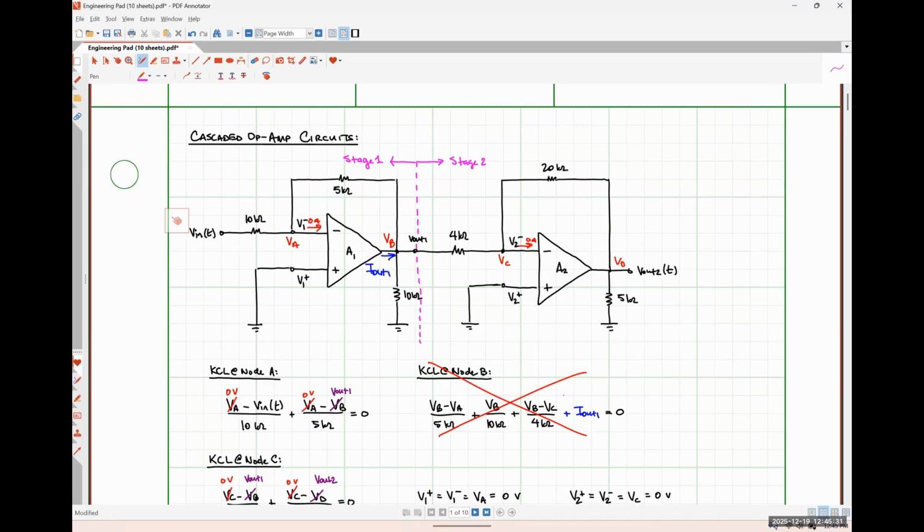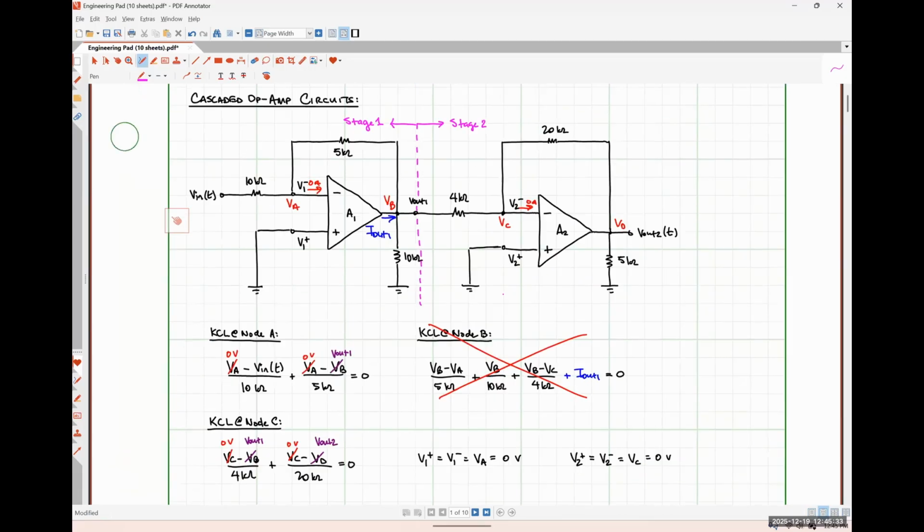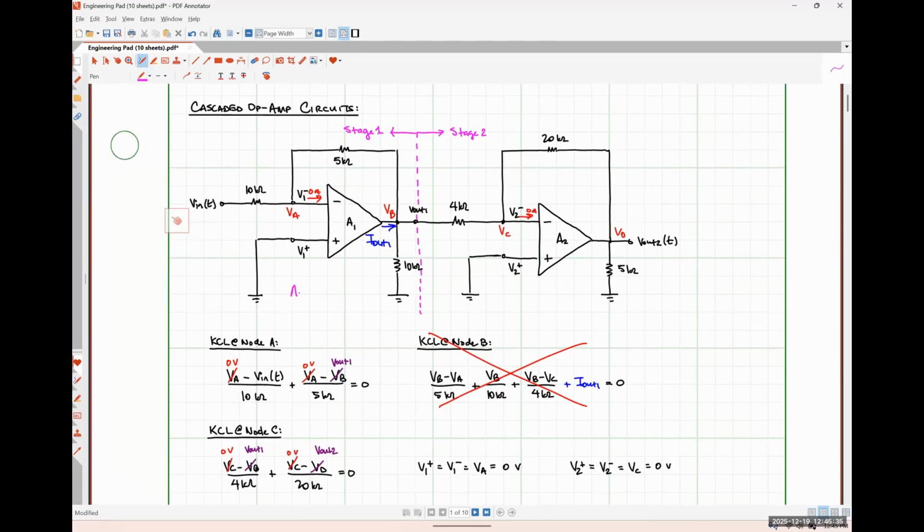So essentially, we could say this amplifier, AVCL1, is going to be negative 5 kiloohms over 10 kiloohms, or negative 1/2.